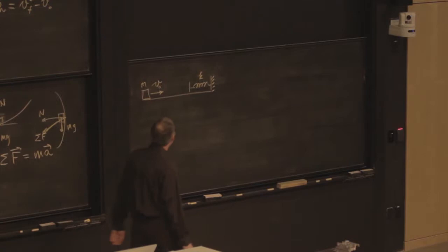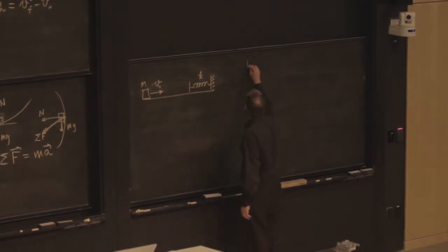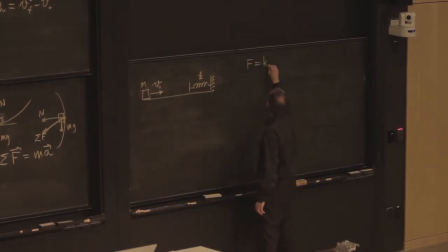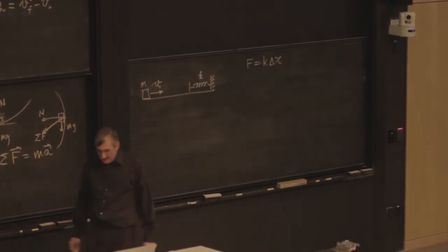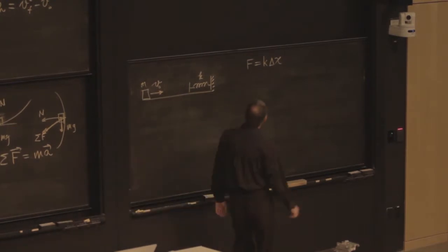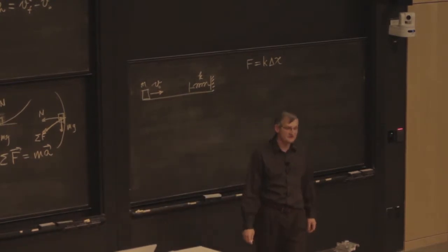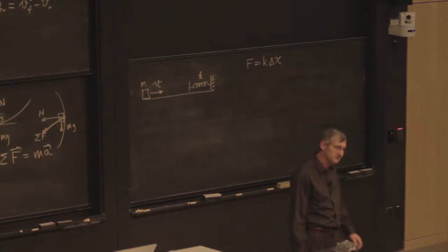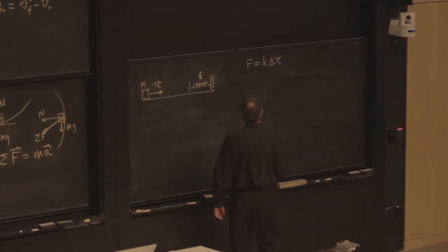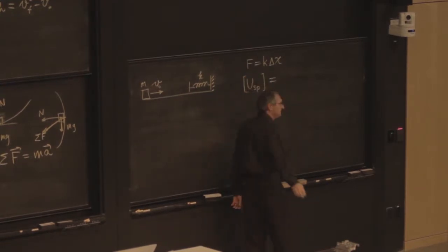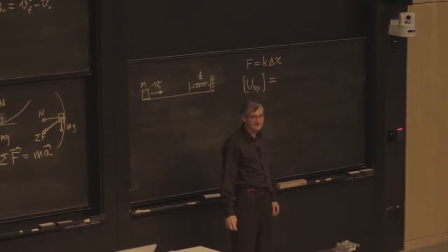Okay, so we know that the force, and it seems to me that I need units of energy for energy. Seems reasonable. So U for the spring, the dimensions of that have to be what?